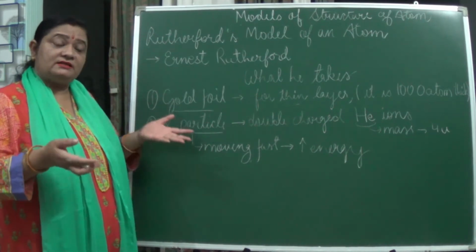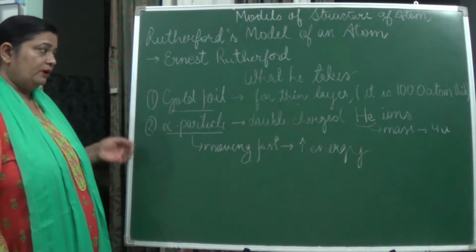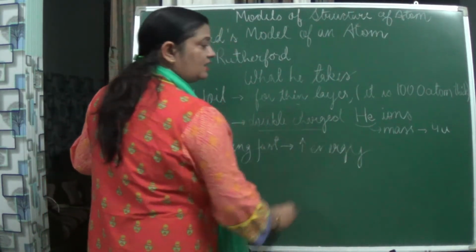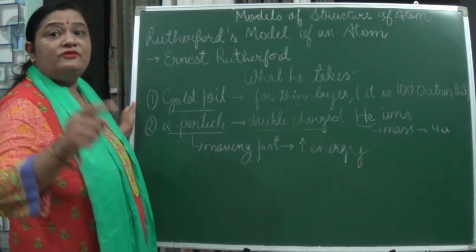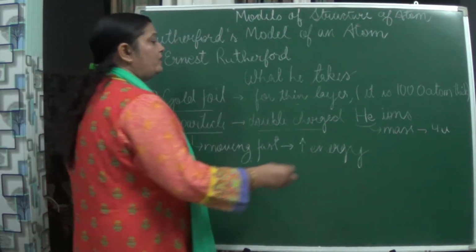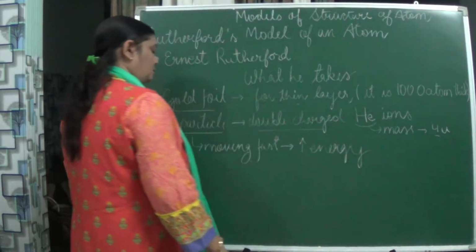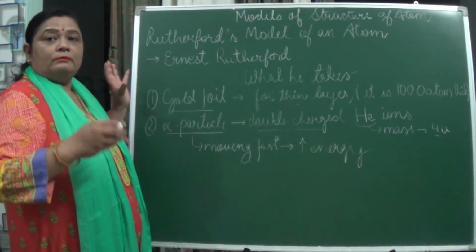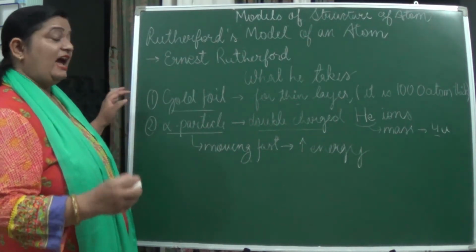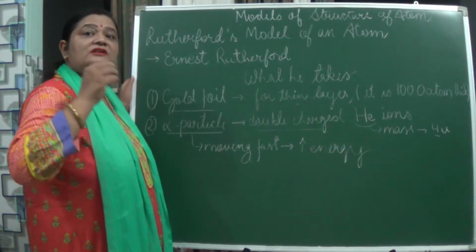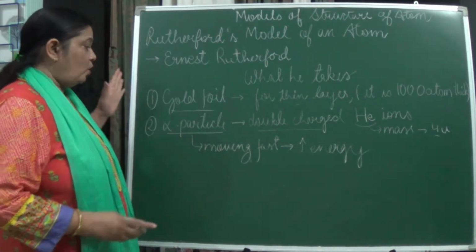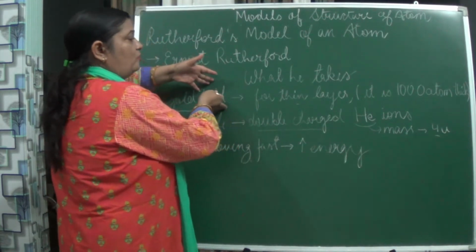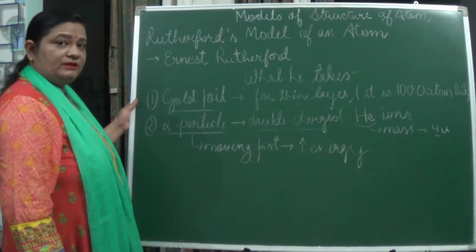This alpha particle is comparatively heavy. It is actually a doubly charged helium ion, which has a mass of 4 atomic mass units. These alpha particles move very fast and have large energy. So when this alpha particle strikes this thin layer of gold foil, naturally something can be seen.